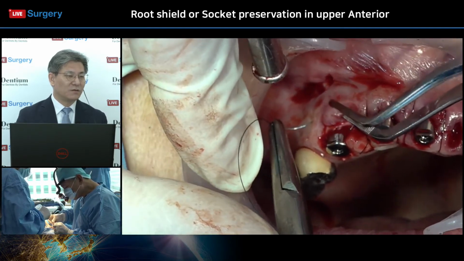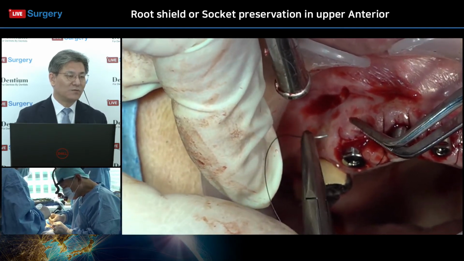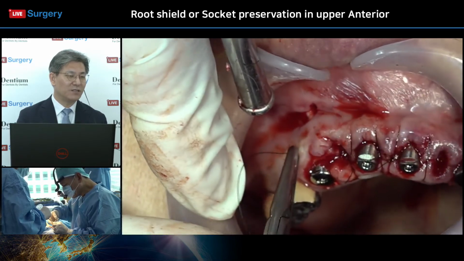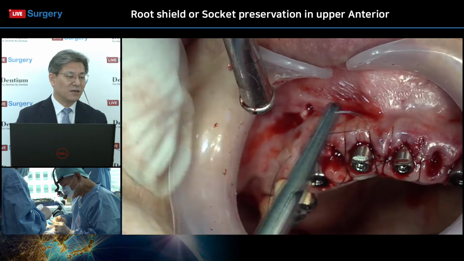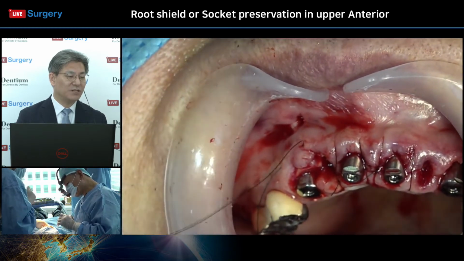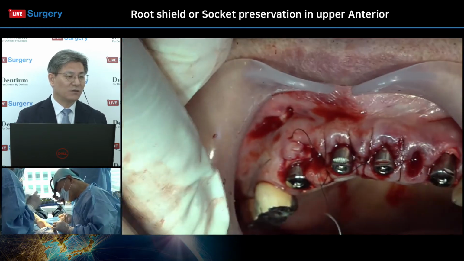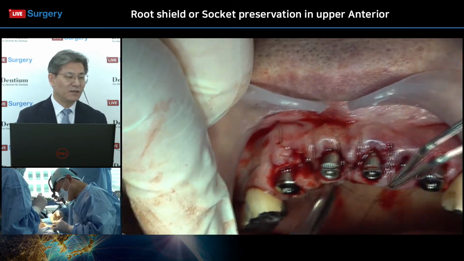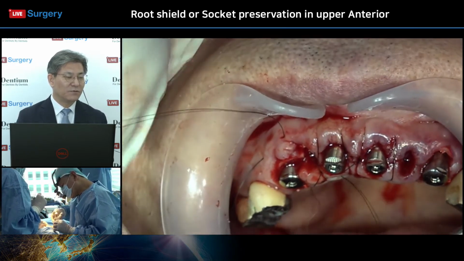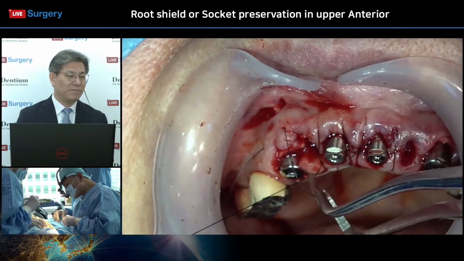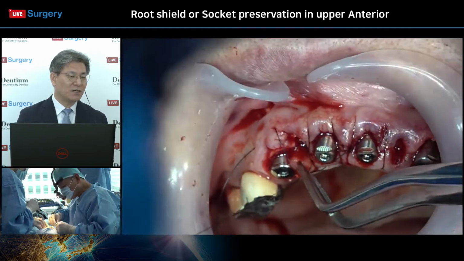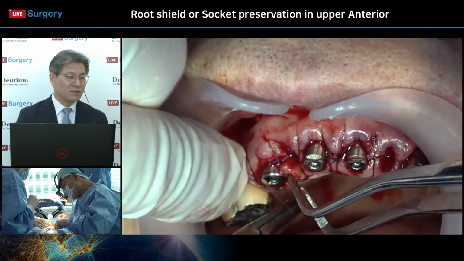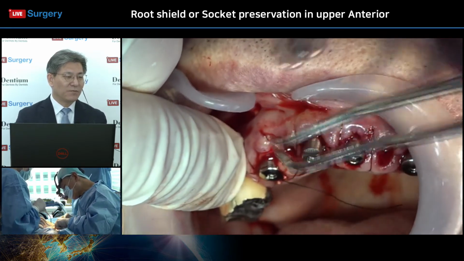So, even though it is the number 13 area, for removing the apical lesion, Dr. Chung has decided to have a semilunar incision, to protect labial bone blood supply and conserve the labial bone plate. Right? So full thickness flap reflections are avoided for the minimized surgery concept.